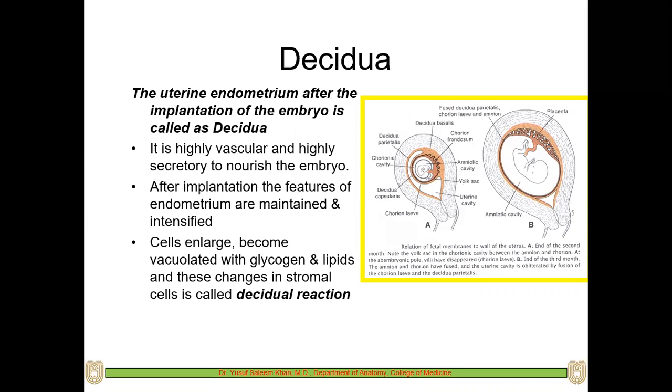Further, the endometrium will develop as decidua. The cells enlarge and become vacuolated with glycogen and lipids, and these changes in the stromal cells are called the decidual reaction. So all the changes which take place within the endometrium with the implantation of the embryo are now called the decidual reaction.